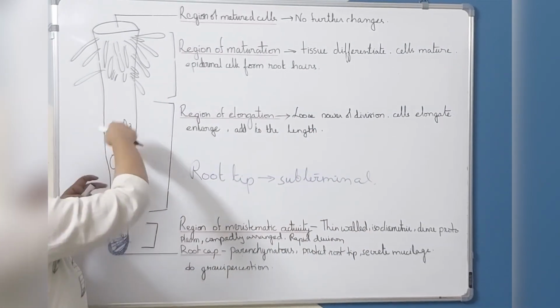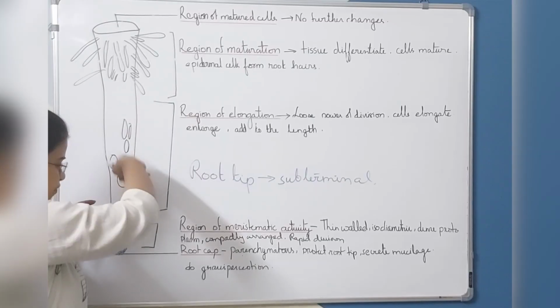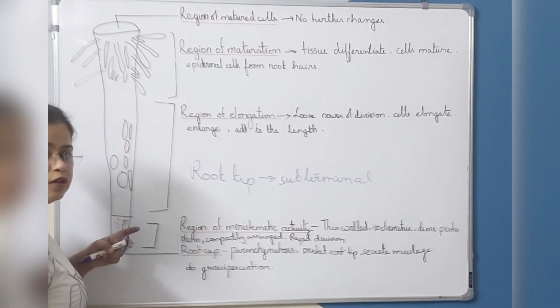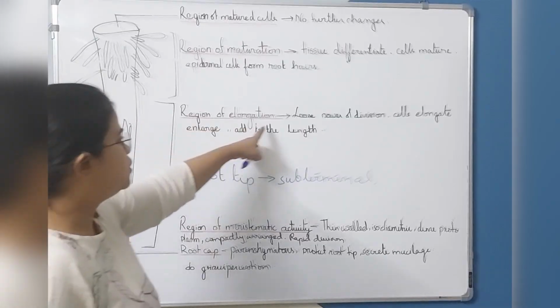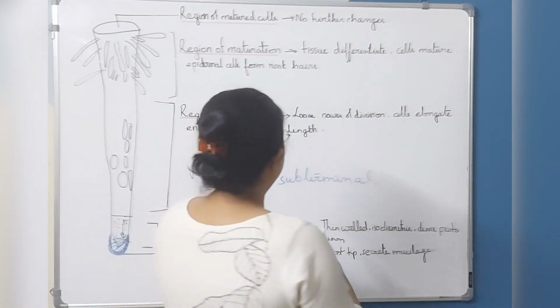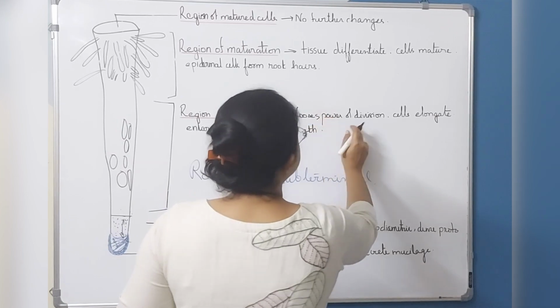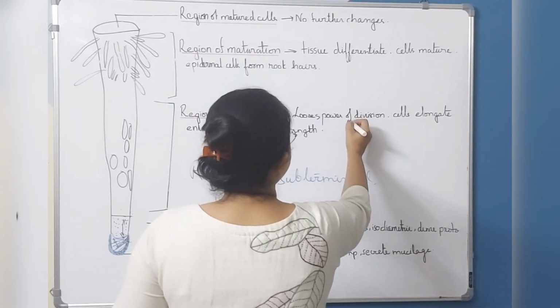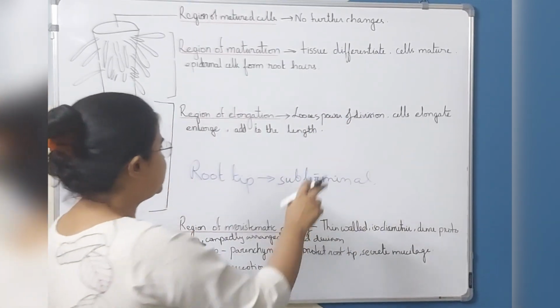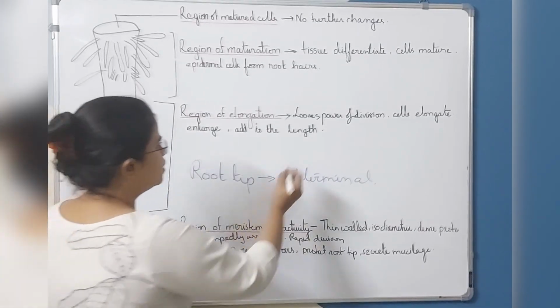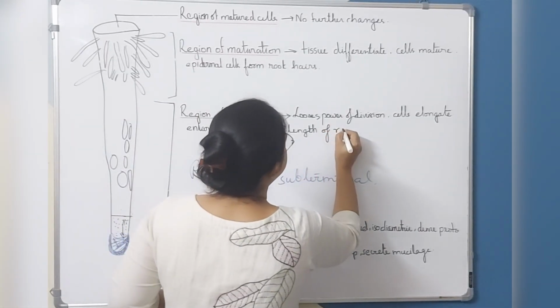Okay, जैसे जैसे ये elongate और enlarge करते हैं, it further helps in pushing the root down, so this adds to the length of the root. Clear? Region of elongation loses power of division. Cells elongate and enlarge and add to the length of the root.